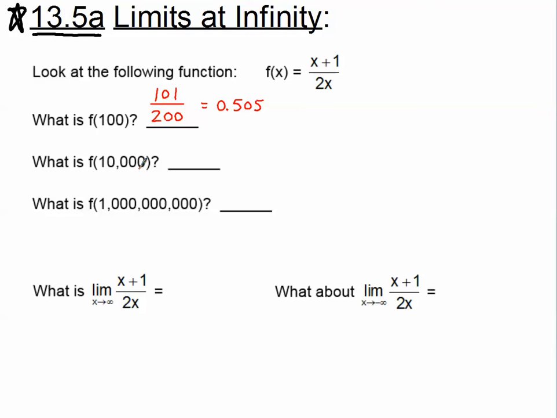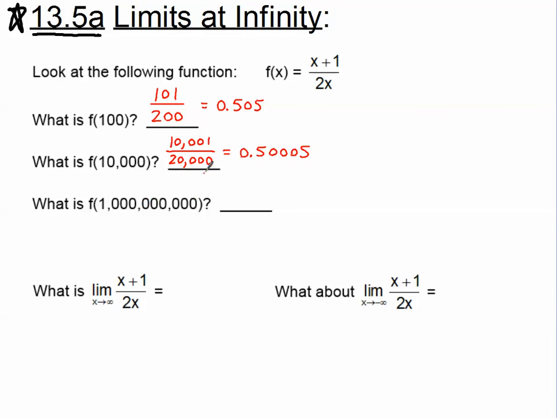Great. Let's increase x from 100 to 10,000. If 10,000 goes into our function, then in the numerator I would have 10,001 divided by 20,000. And the decimal equivalent of that would be 0.50005. Okay. A little bit more outrageous, let's make x 1 billion.